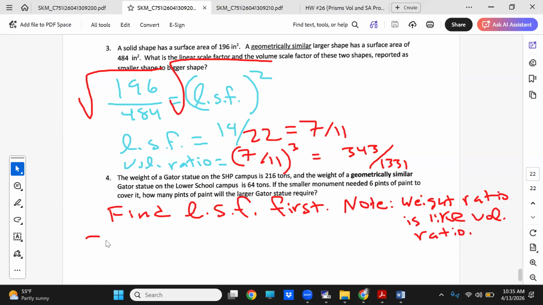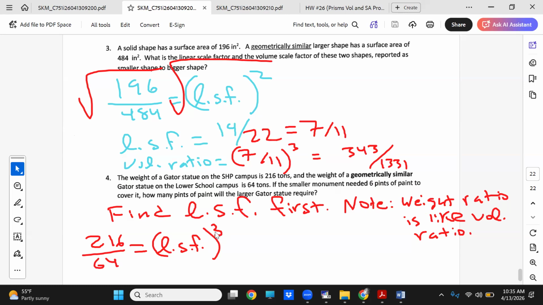So if you have 216 over 64, that equals the linear scale factor raised to what power? To the second or third power.